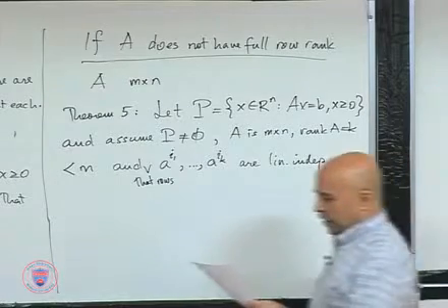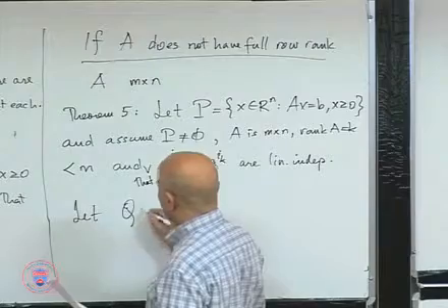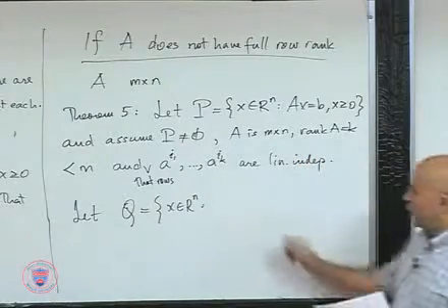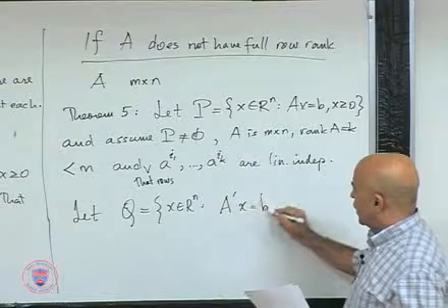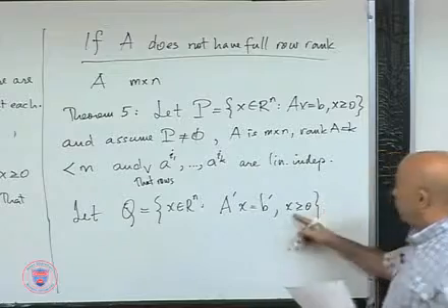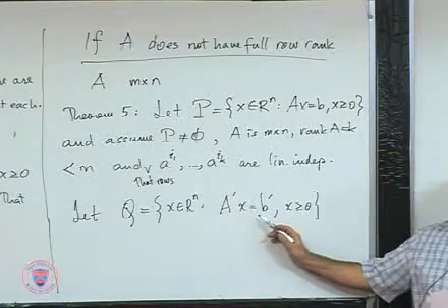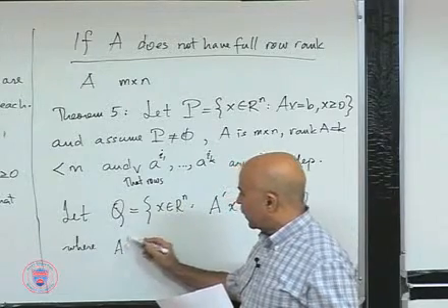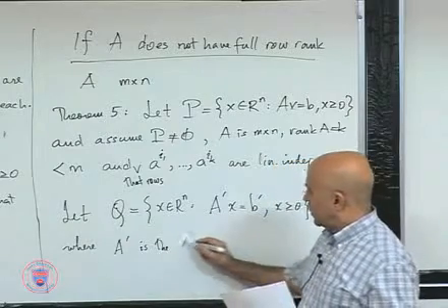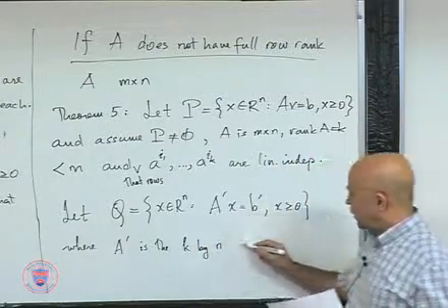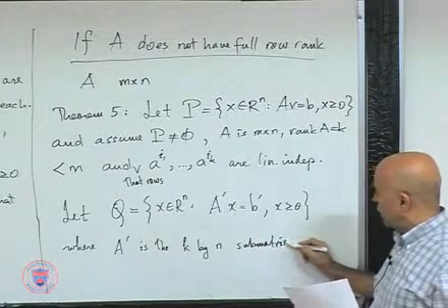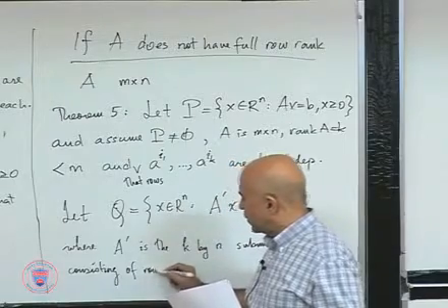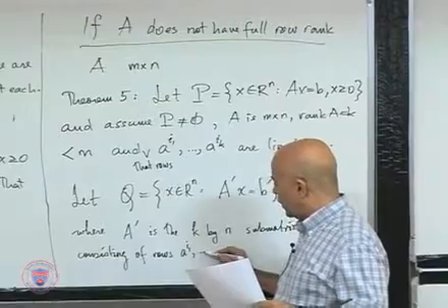All right, so under these conditions, if I define a new polyhedron, Q, consisting of the set of points x in R^n, where non-negativity is still preserved, except that the equality part is replaced by A'x = b', where A' is the k by n submatrix of A, consisting of rows a_i1 through a_ik.